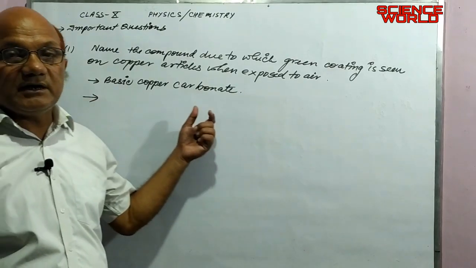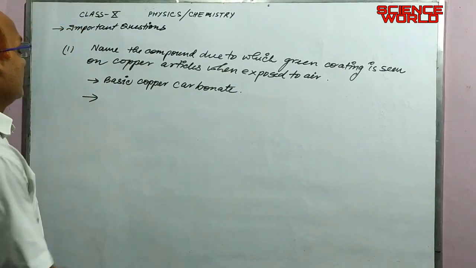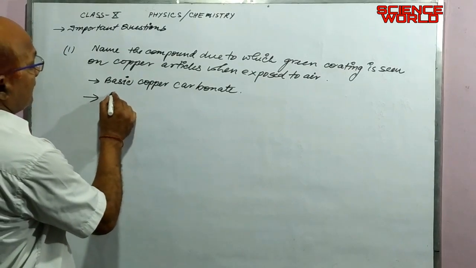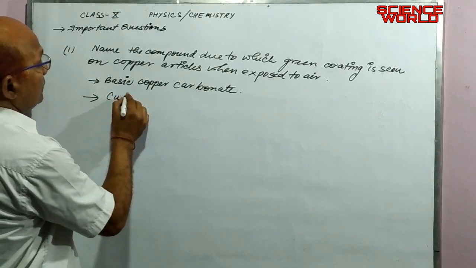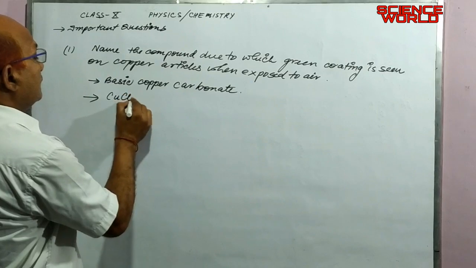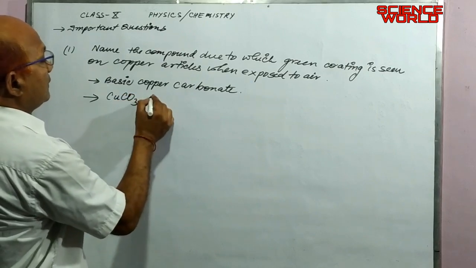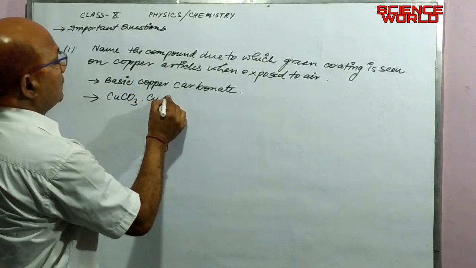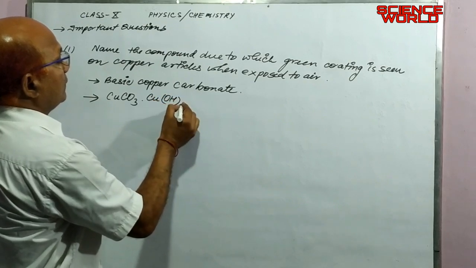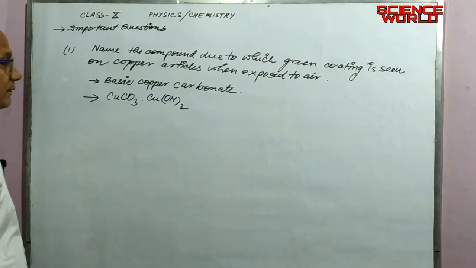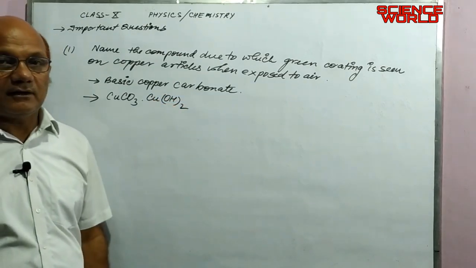Can you write chemical formula of this compound? This is CuCO3.Cu(OH)2. Okay. Now another question.